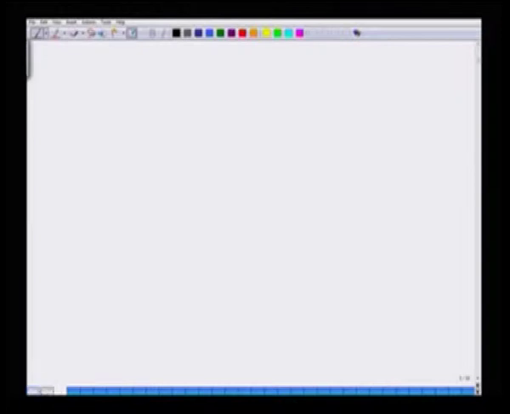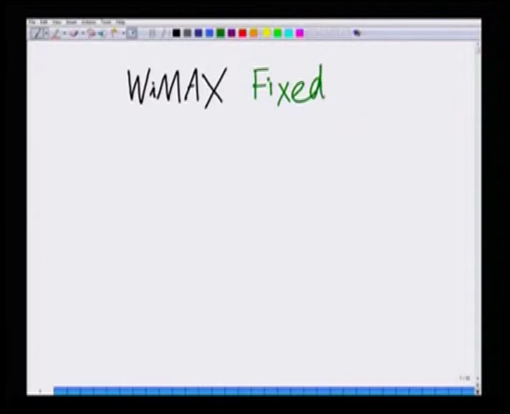So, continuing with that example, we are considering WiMAX, the fixed profile.